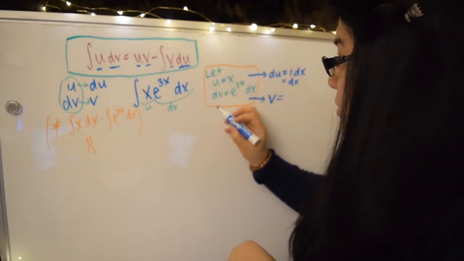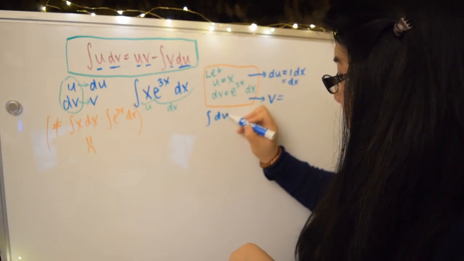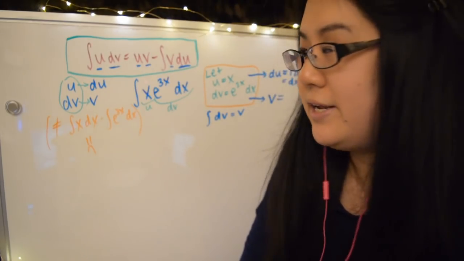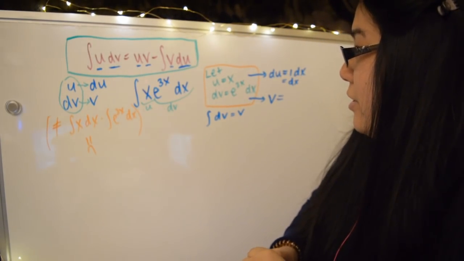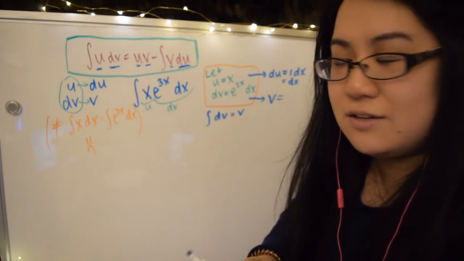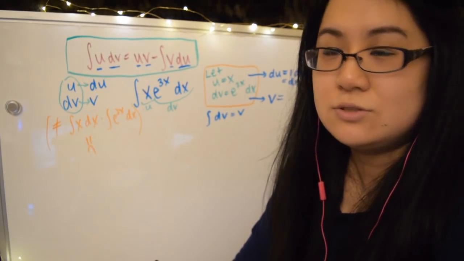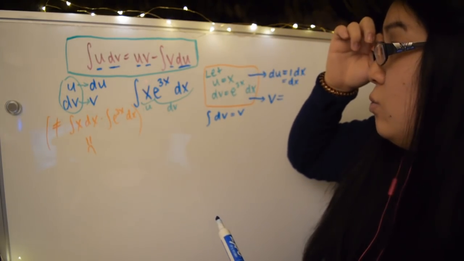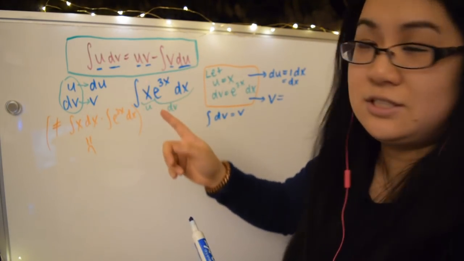So remember, the integral of dv is going to be v, integral over derivative. And if you're concerned about the plus c's and stuff, because we're doing indefinite integrals here, we can do it at the very end when we are actually calculating the integrals.